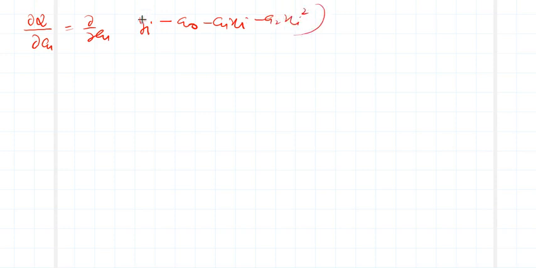Now consider curly q over curly a1, which is curly over curly a1 of summation yi minus a naught minus a1 xi minus a2 xi square, whole square.